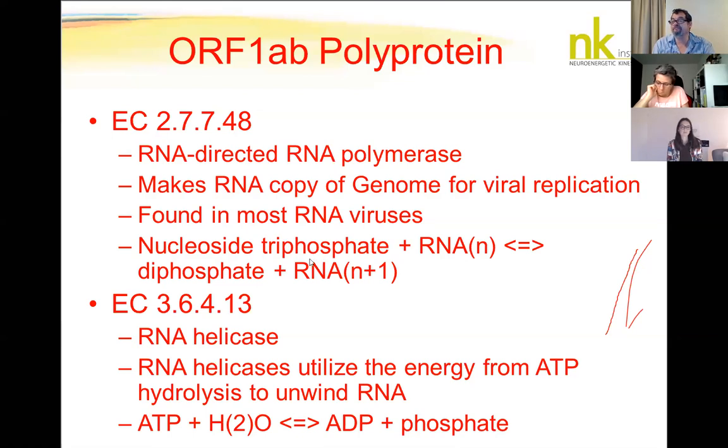And then you've got the RNA helicase, 3.6.4.13, and this needs to use your ATP to actually unwind the RNA. So it's using the ATP that you made in your mitochondria to unwind itself.